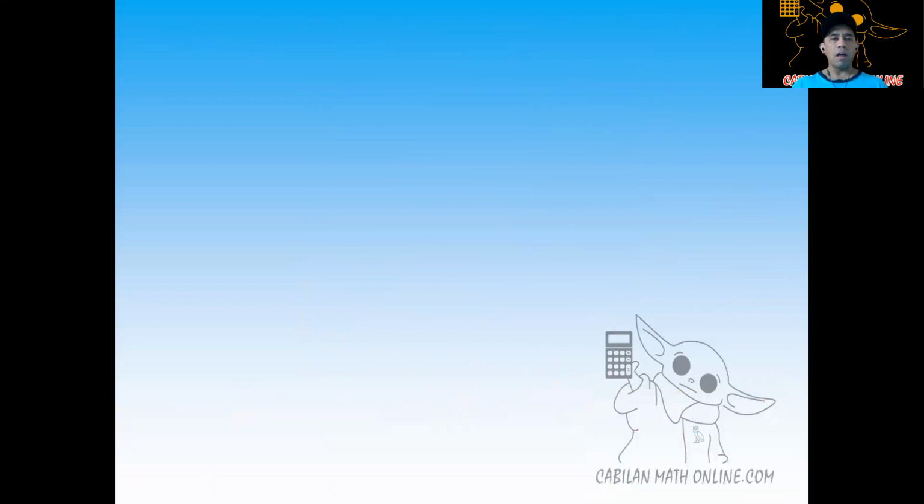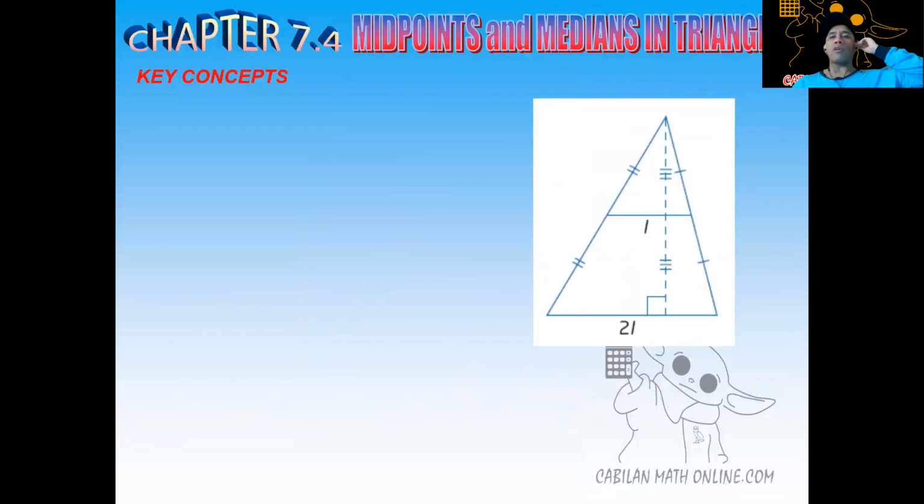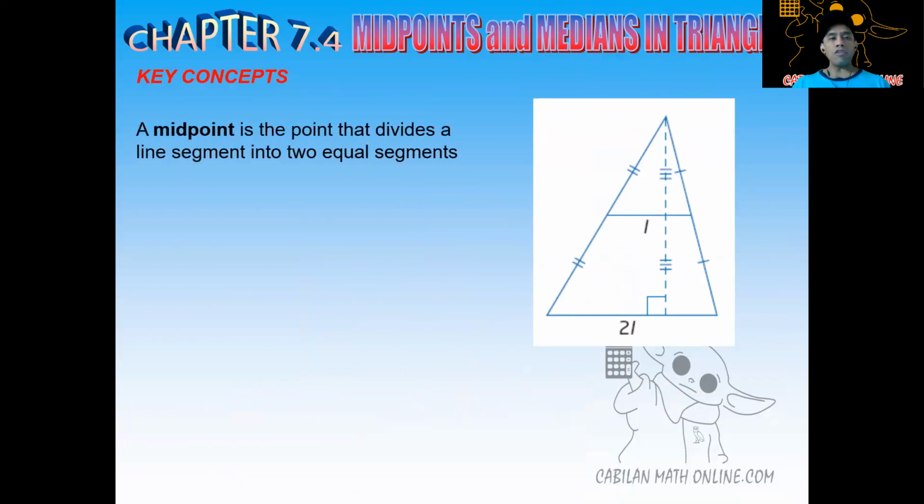Let's first define what they are. What you first need to know about a midpoint is that it's a middle point. A midpoint is a point that divides a line segment into two equal segments. In the diagram, we actually have two midpoints, plotted in red.